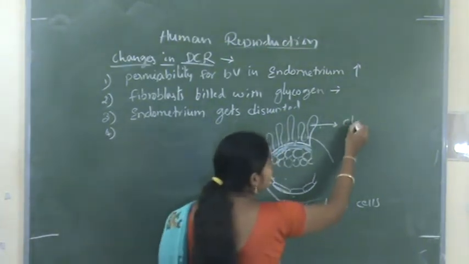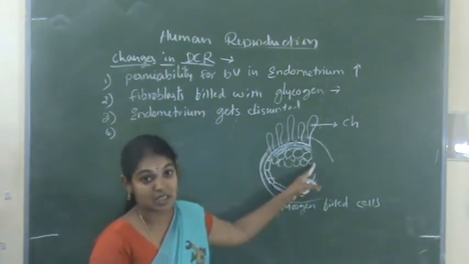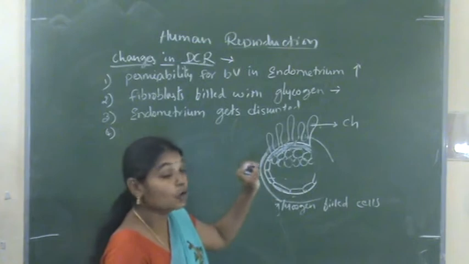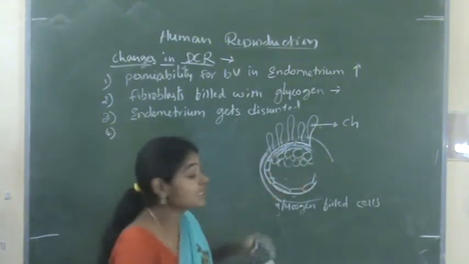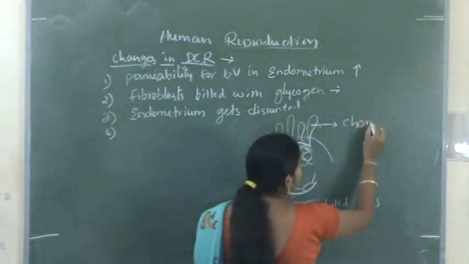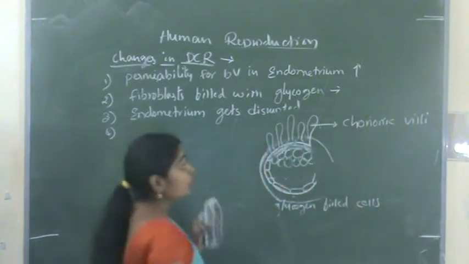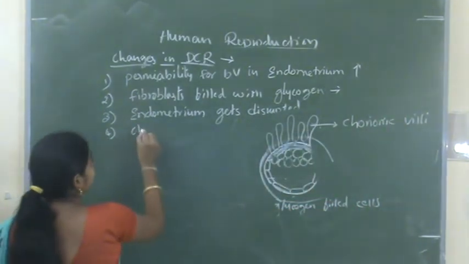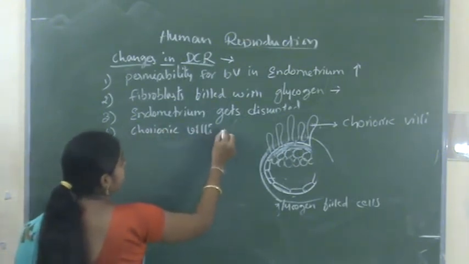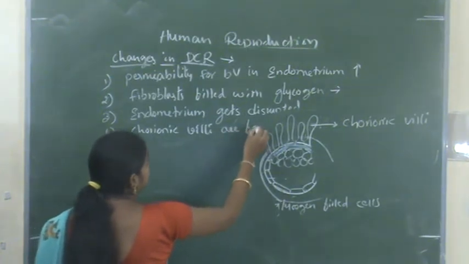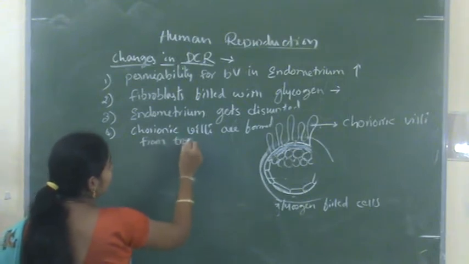These finger-like projections developed from the trophoblast. It is very important: the chorionic villi are formed by the trophoblast layer.